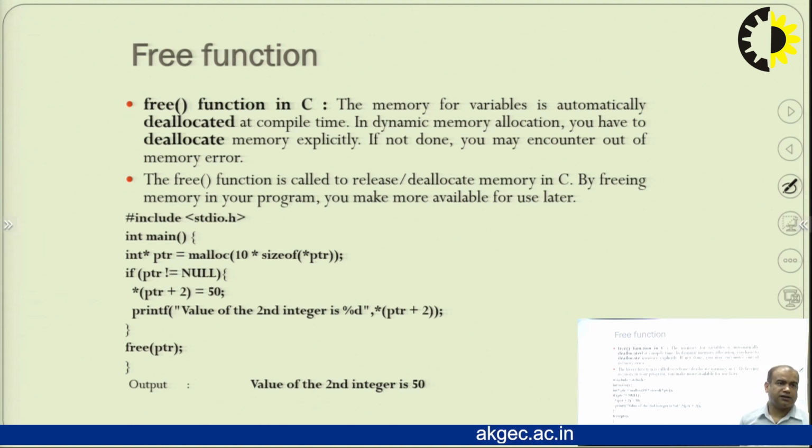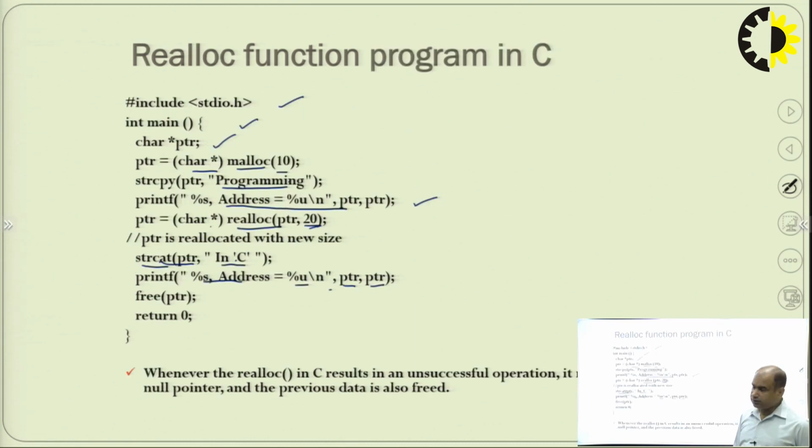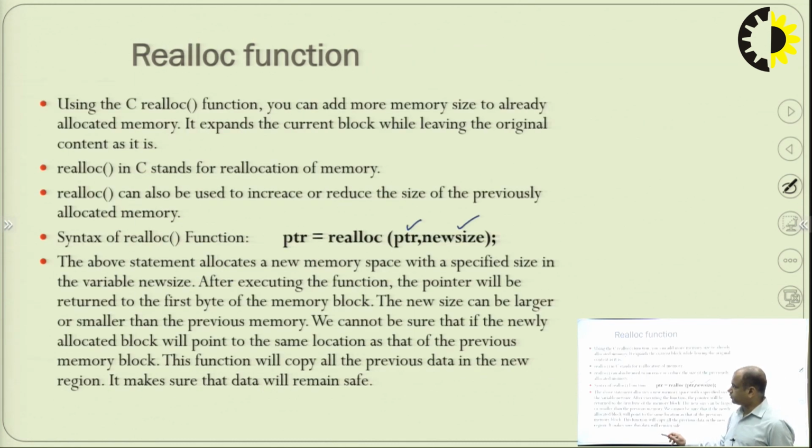So for that, the free function is called to release or deallocate memory in C. By freeing memory in our program, we can make more available for use later. Earlier we also used the free function here.